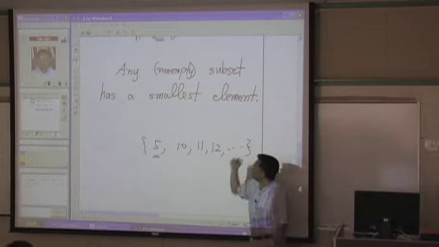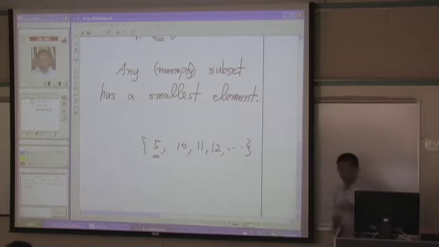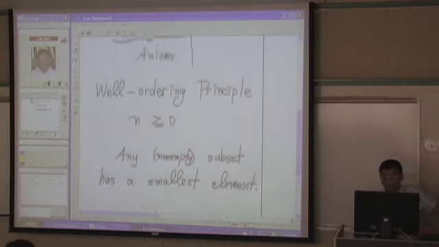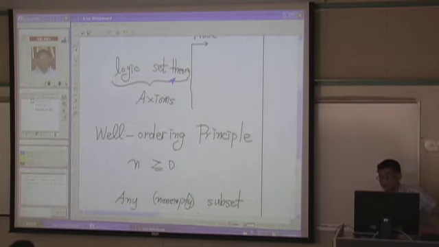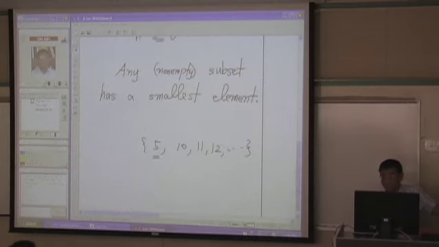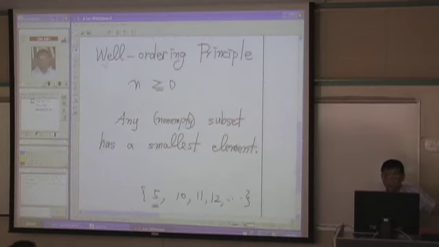This is called the well-ordering principle, which we don't want to prove, and we don't want to focus too much on the logic or set theory part. We want to build on top of these assumptions. But if you are interested in more basic things than just the proof part here, you can study set theory or logic or more. In any case, we will use this well-ordering principle today.